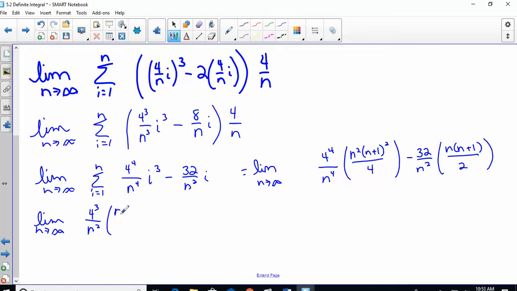And if I took n plus 1 and FOILed that out, that's n squared plus 2n plus 1. And again, we canceled this 4. Minus 32 over 2 would give me a 16. Could drop one of those n's in, so 16 over n. And that's just n plus 1.